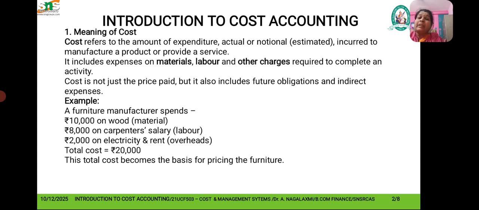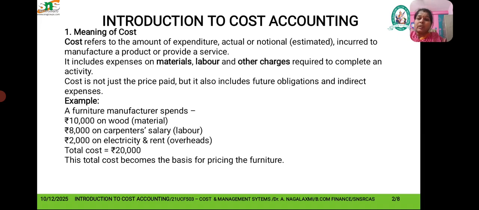So here, for manufacturing a furniture, the wood, that is the material, incurred is 10,000 rupees. Likewise, labor, that is the carpenter's salary, is 8,000 rupees, and the electricity and rent paid under the head overheads is 2,000. So the total cost incurred in manufacturing a furniture is 20,000. That is 10,000 plus 8,000, 18,000, plus 2,000, 20,000.